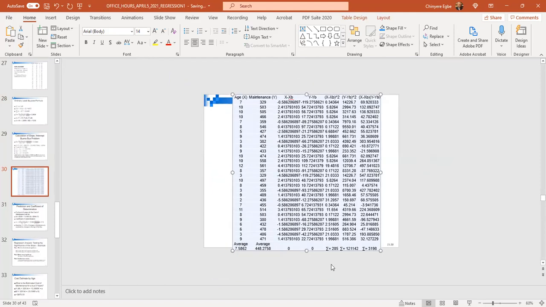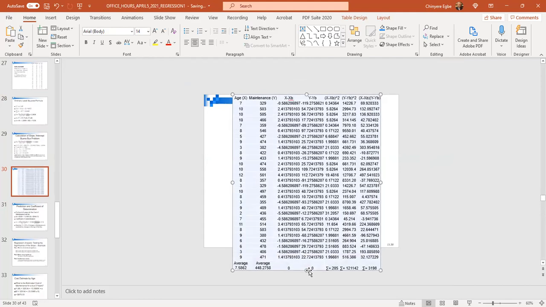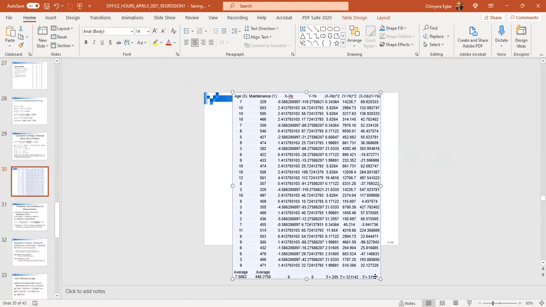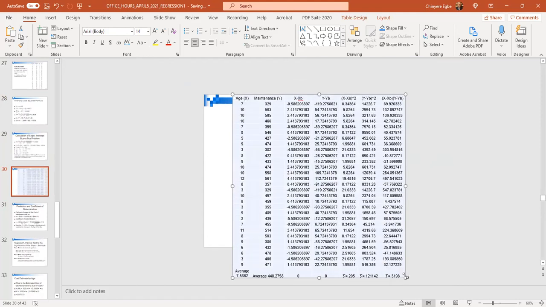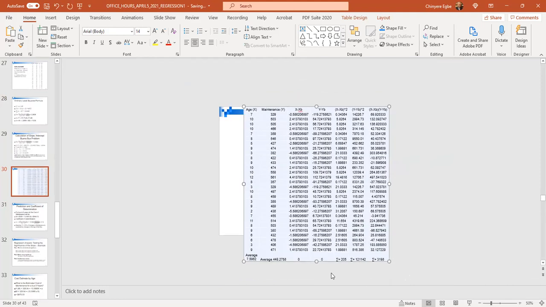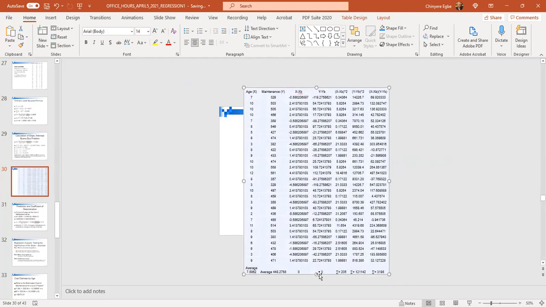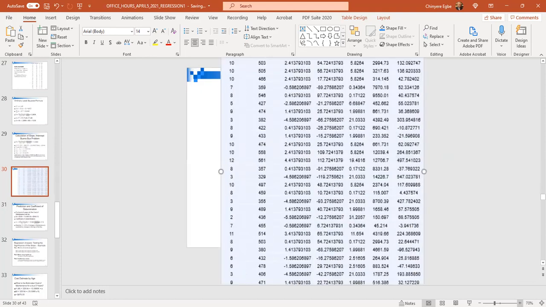There we go. Like I say, two hands are better than one. It's still not showing the numbers at the bottom, right?